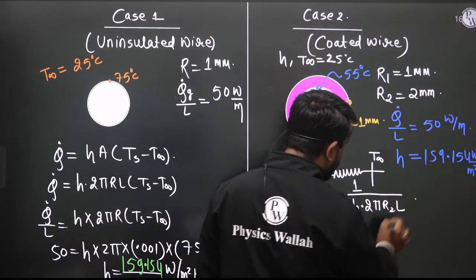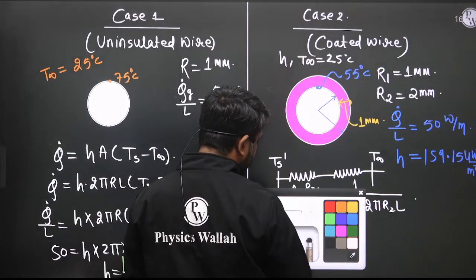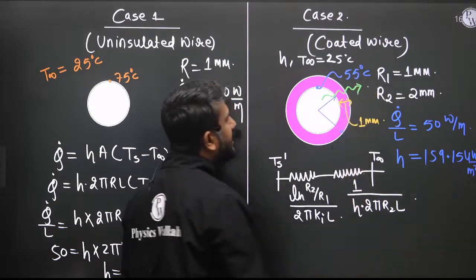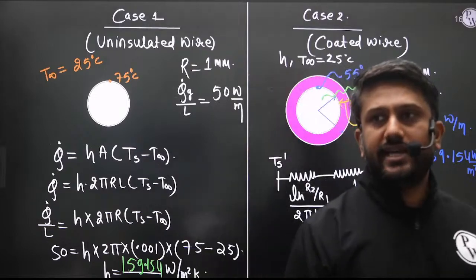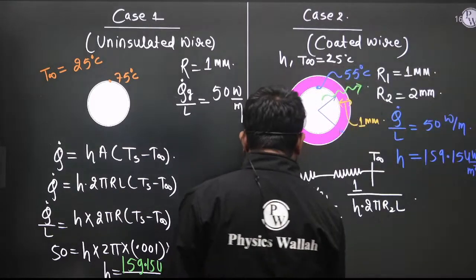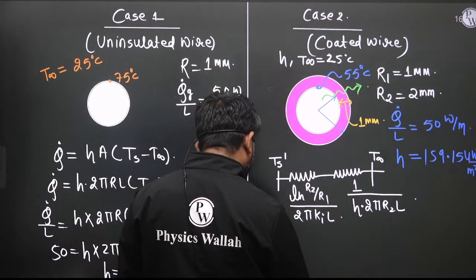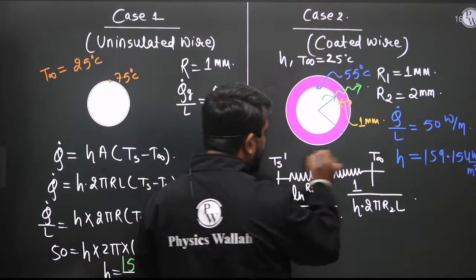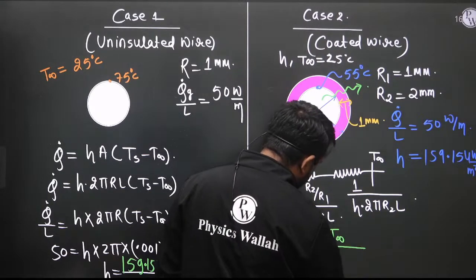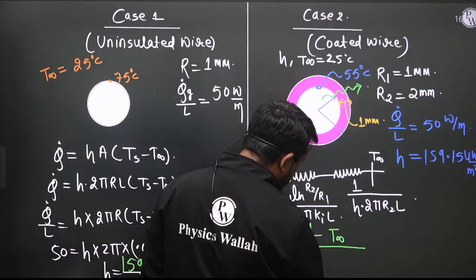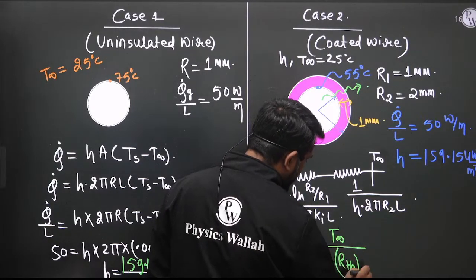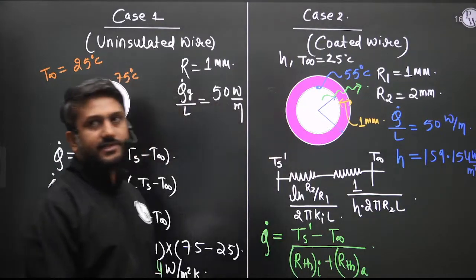Right? And whatever heat is generated here, that is equal to the heat transfer here. So if you write Q dot, Q dot is equal to Ts dash minus T infinity upon the conduction resistance of the insulation material plus the outside ambient resistance.